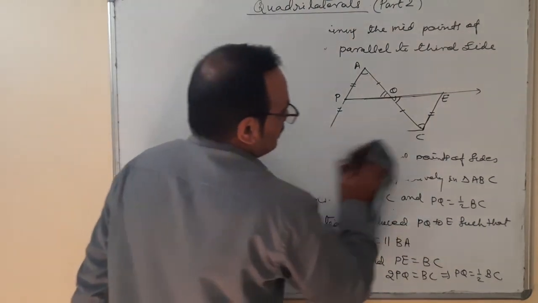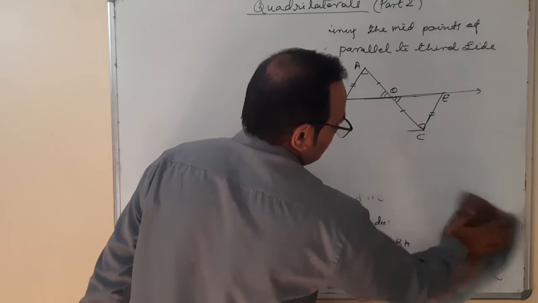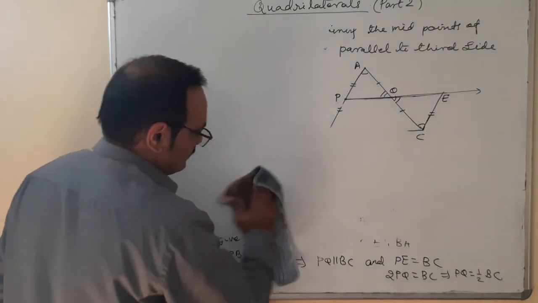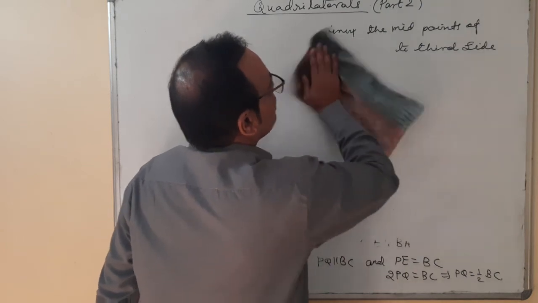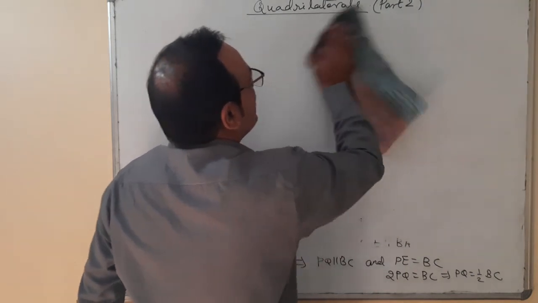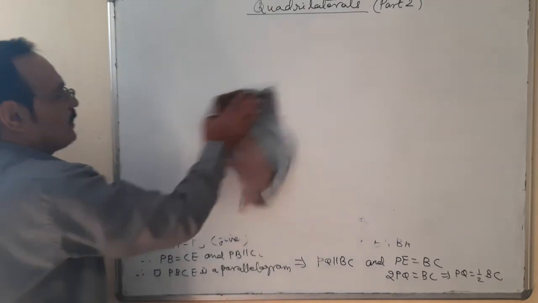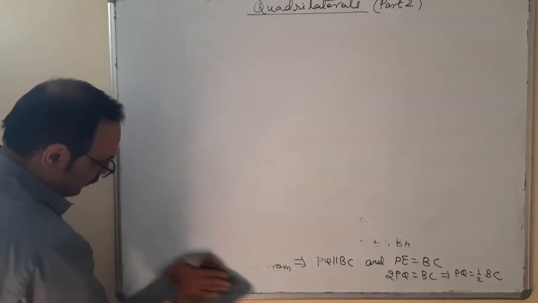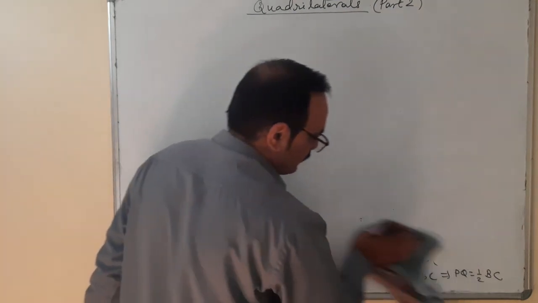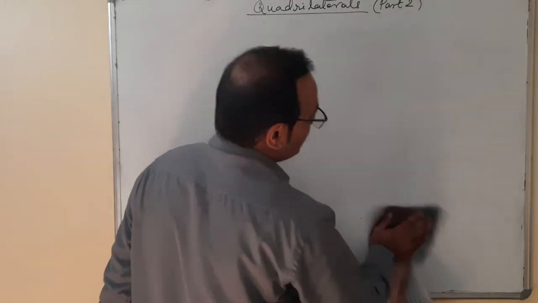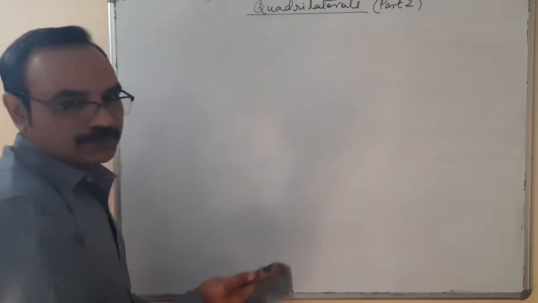I think this is the second part of this theorem. A line drawn through the midpoint of one side, parallel to another side, bisects the third side in a triangle.